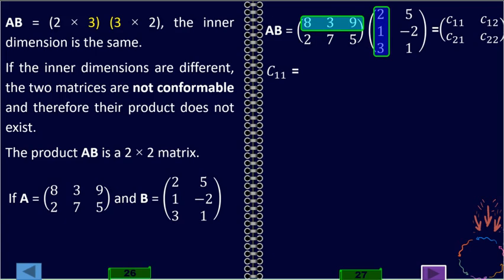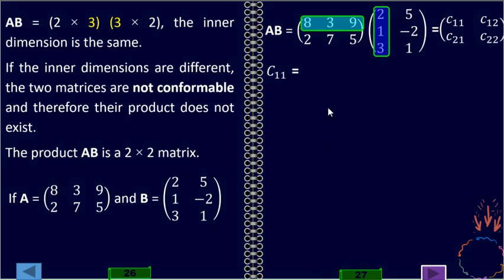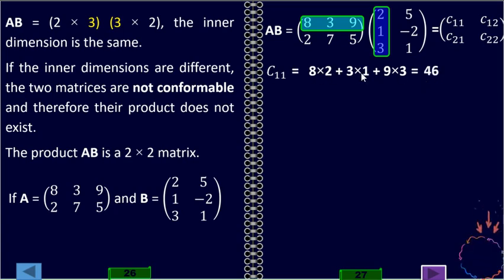Let's carry it out now. We are going to have 8 times 2 plus 3 times 1 plus 9 times 3. When you multiply and add them, you have the answer as 46.